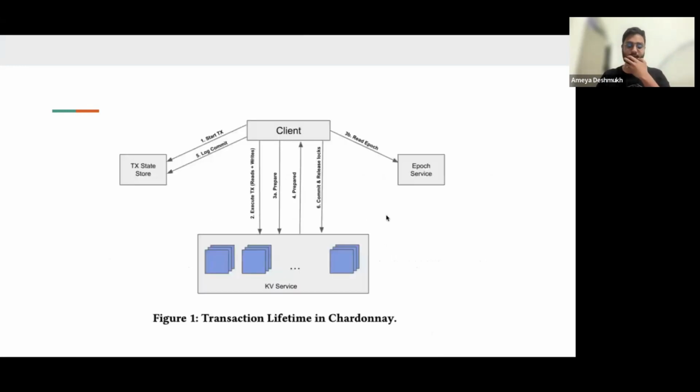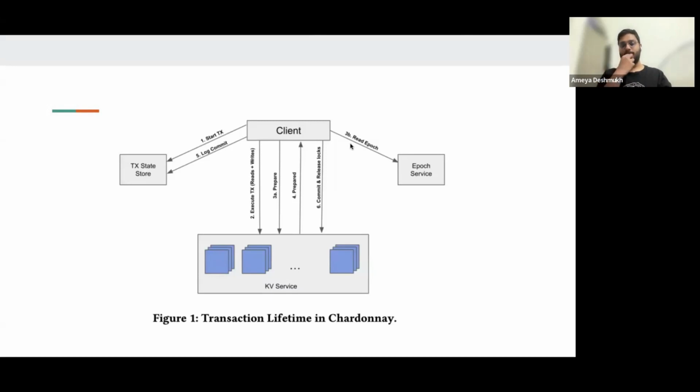So this is like a transaction lifetime in Chardonnay. So you have a client. What it first does is it starts a transaction in the transaction state store. After that, it executes the transaction by interacting with the key value service. After that is the 2PC stage. So you send a prepare transaction to the key value service. After that, step 3B involves reading of the epoch, right?